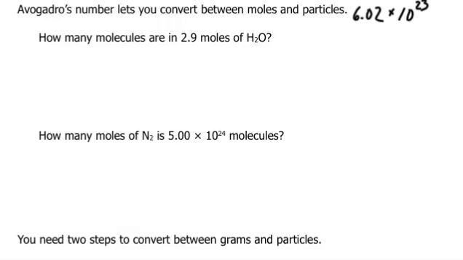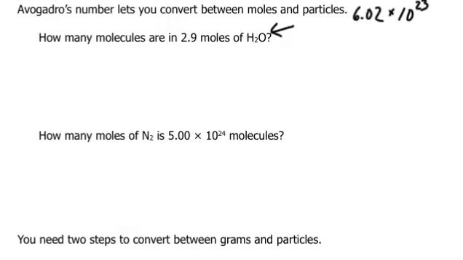In this case, because you're just talking about particles, you're not talking about molar mass. So it doesn't really matter what substance you're talking about. This could be 2.9 moles of H2O. This could be 2.9 moles of school buses. It could be anything.